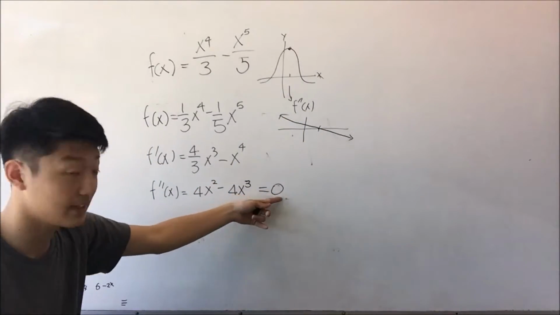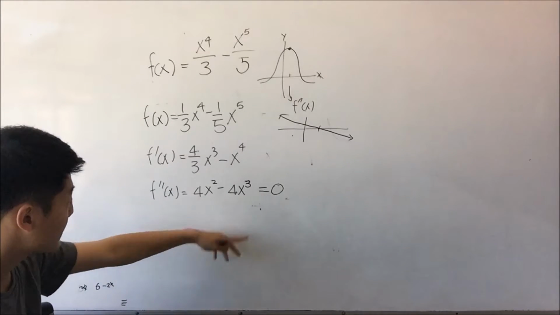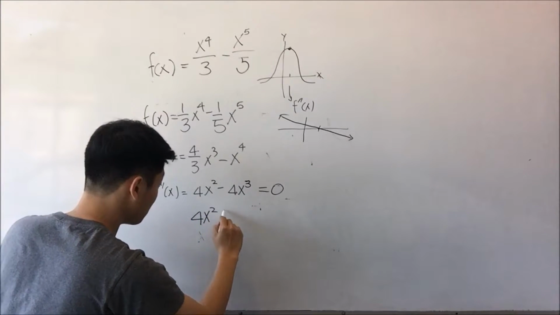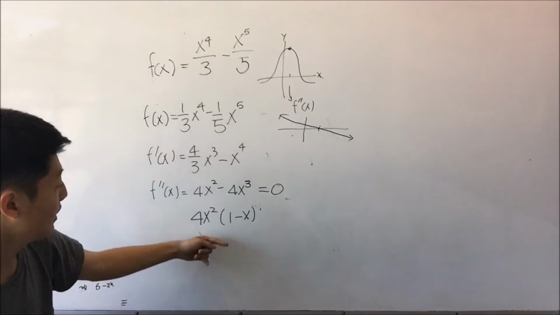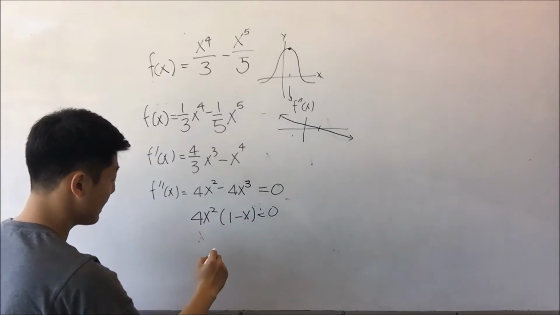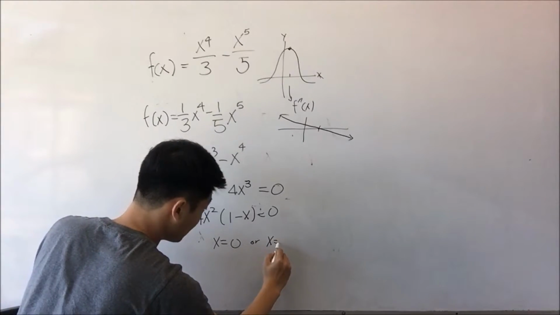So we have to set it equal to 0 and solve for x. As you look at this, we have some same factors. So I'll take out x squared from both terms. So when we set this equal to 0, it will become x equal to 0 or x equal to 1.